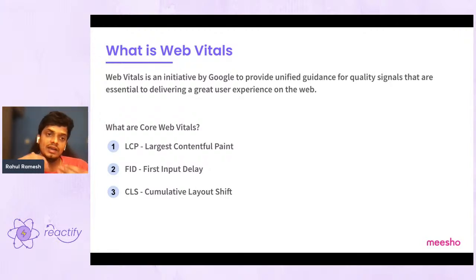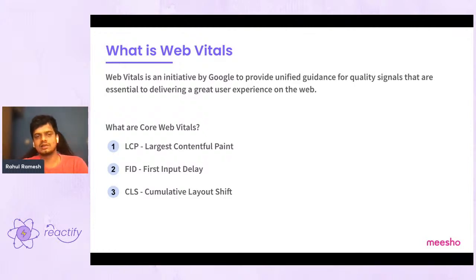Now in the Web Vitals, whatever you see listed down are the core Web Vitals. I'll come to that. Before that, we have total blocking time, and we have speed index, and we have FCP, first contentful paint, along with the three already listed here. So the question is: what are core Web Vitals?